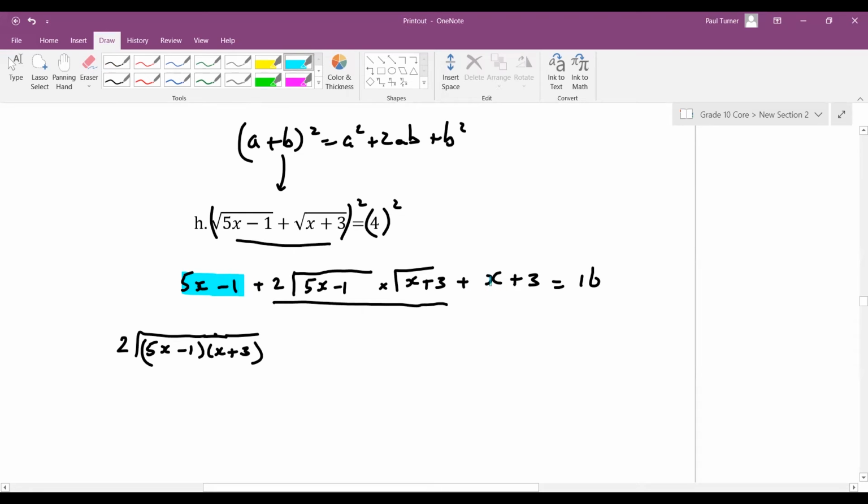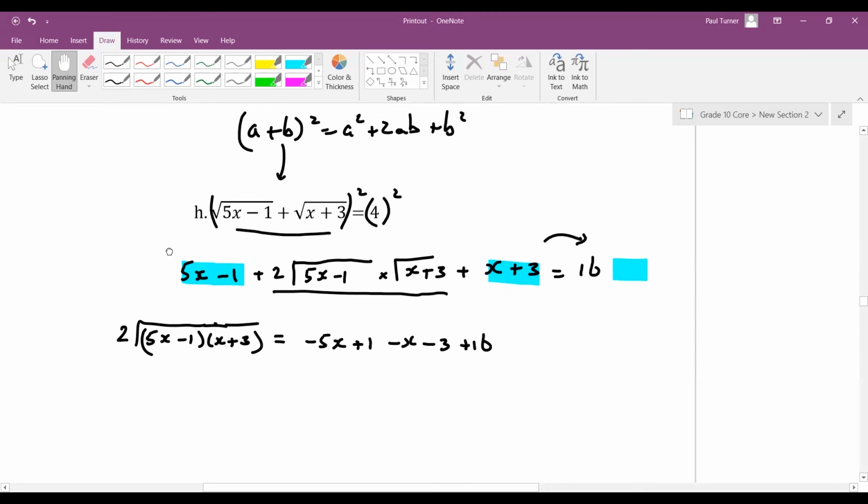So this and this bit, I put over to this side here. So I'm isolating my root sign. So we're going to have minus 5x plus 1 minus x minus 3 plus 16. So I took the blue bits and put them onto the other side and I changed the signs, that's all.